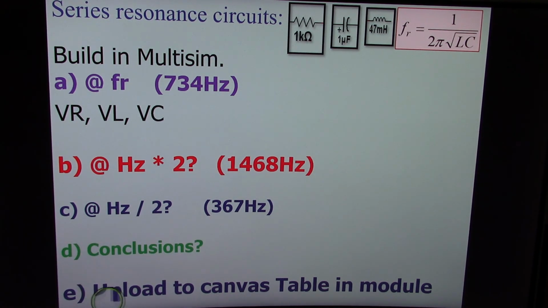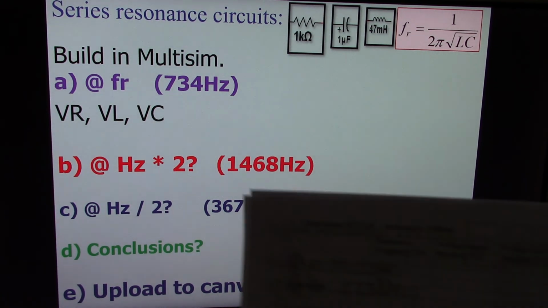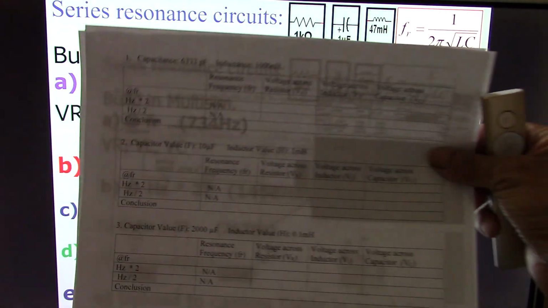What are your conclusions? I want you to upload to Canvas the table which is in the module, and the table in the module looks something like this. So that's the table. I don't know if you can see it.